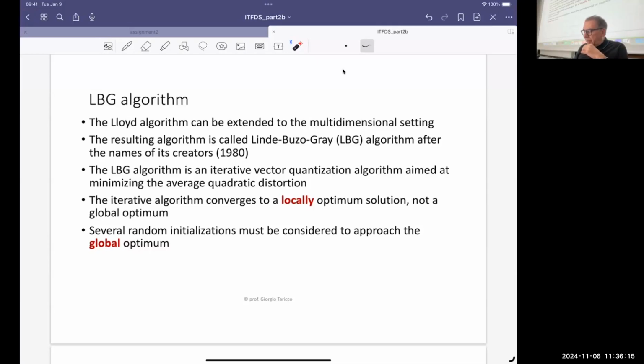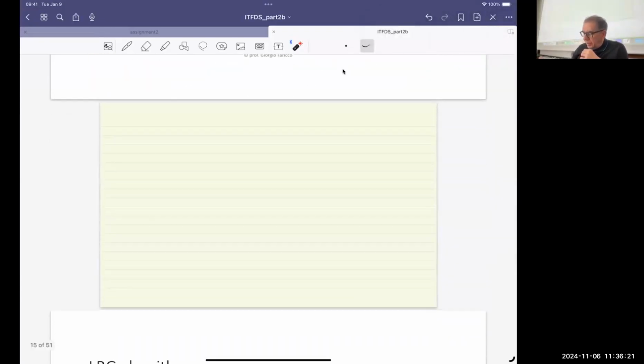This is worth giving some additional explanation. What is the meaning of having a global optimum or a local optimum, if we are looking for a minimum?